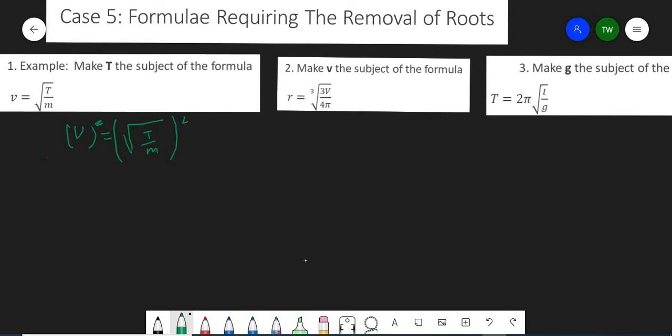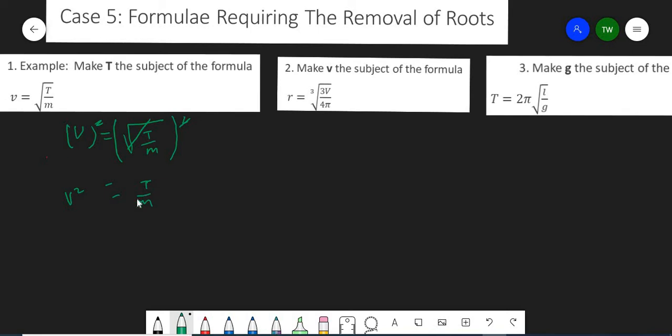Now, by squaring both sides, the square on the outside here will cancel out the square root sign on the inside. And then on the right, what we will have is just t over m. And on the left, what we'll have is just v squared.